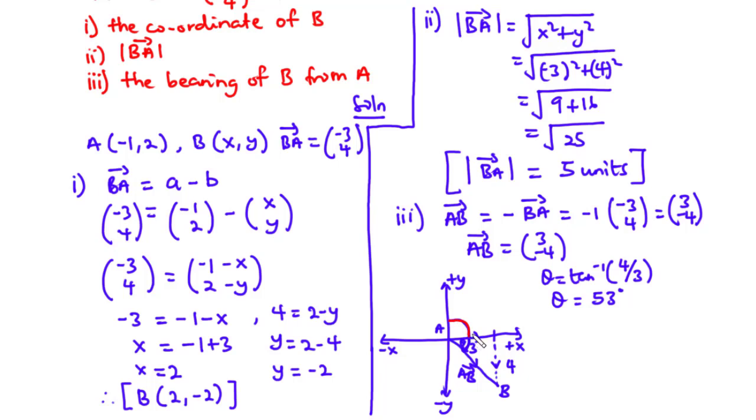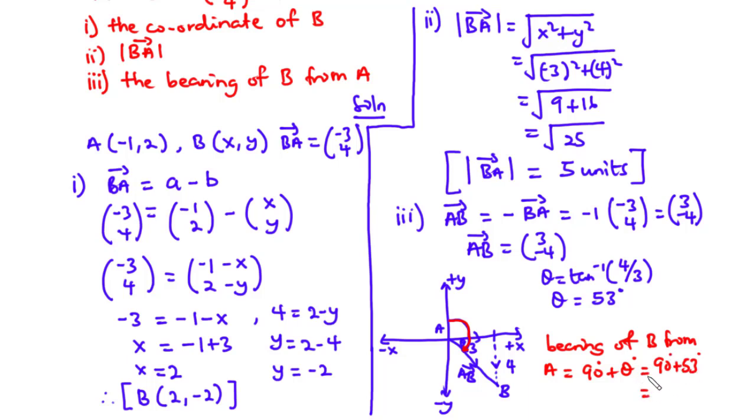So the bearing of B from A is equal to 90 plus angle theta, which is equal to 90 plus 53 degrees.